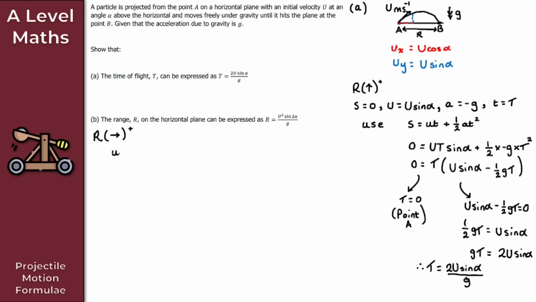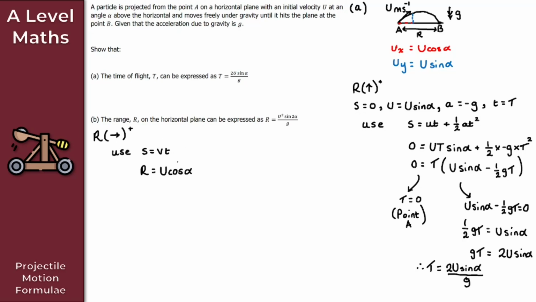So what is s here? Well, s represents the displacement, which is just the range, which we've labeled as R. So s is equal to R. Now for v, this is just the horizontal component, so that would be ux, which is equal to u cos alpha.